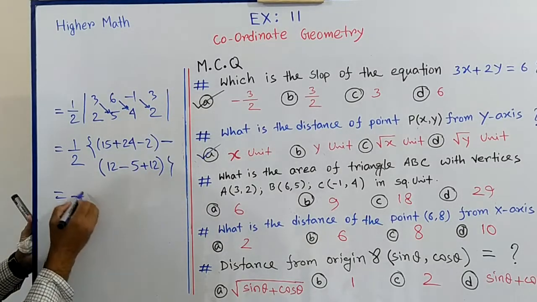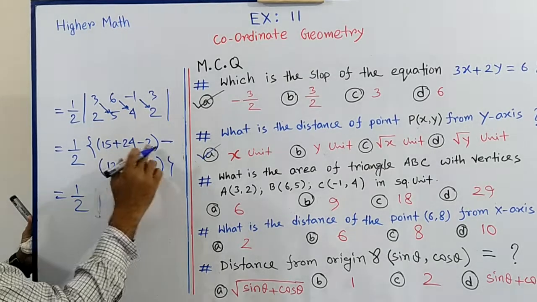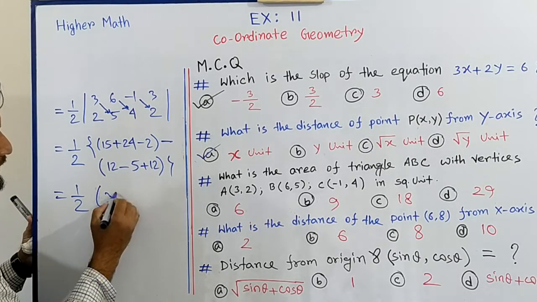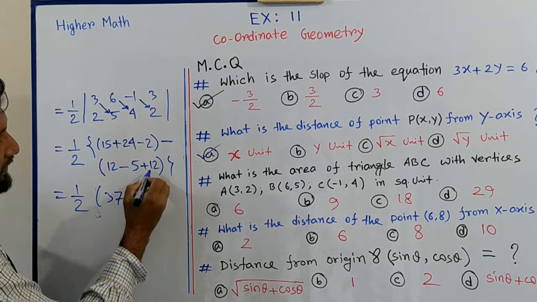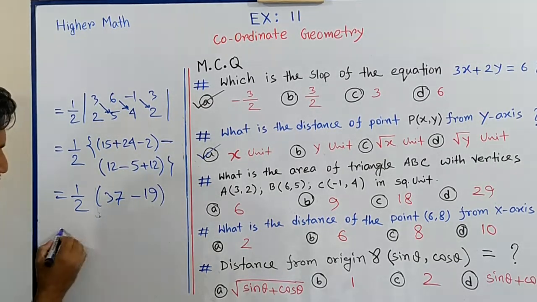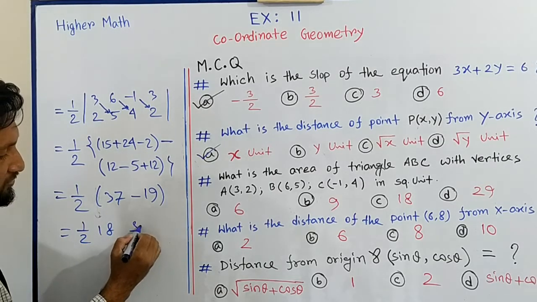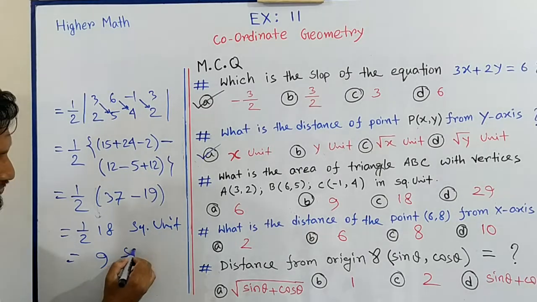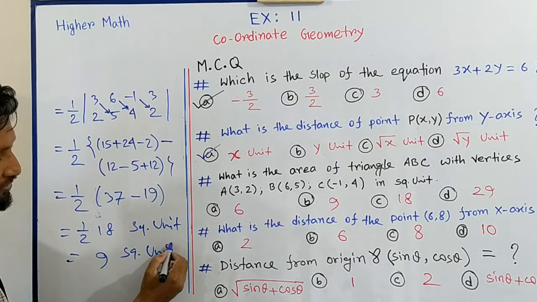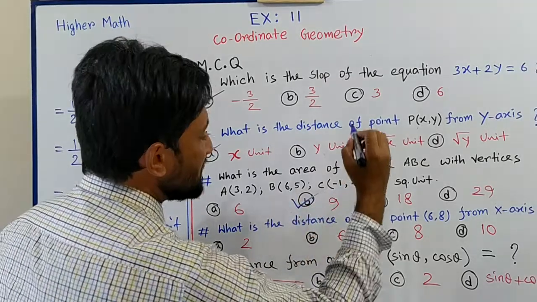By simple calculation we get 15 plus 24 minus 2, that means 37, and then minus 12 minus 5 plus 12, that means 19. So 37 minus 19, half of 18, that means 9 square unit. So our required answer is 9 square unit in B.